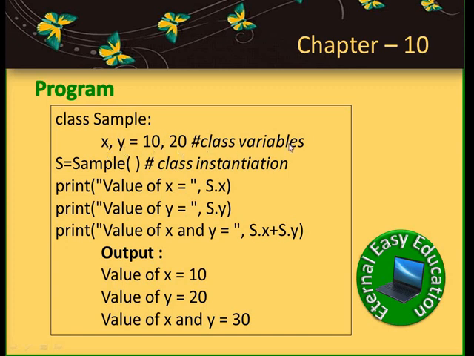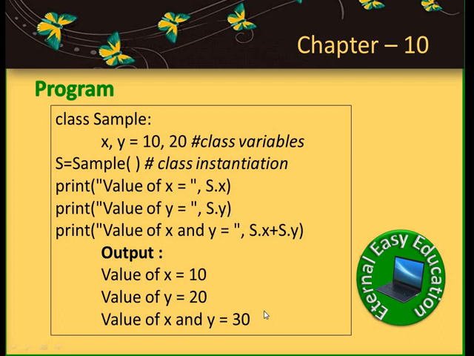This is said to be a class variable. s equal to Sample open bracket close bracket. This line is called class instantiation, and s is the object. Print value of x equal to s dot x. So the object dot the class variable. Likewise we have to access all the variables.